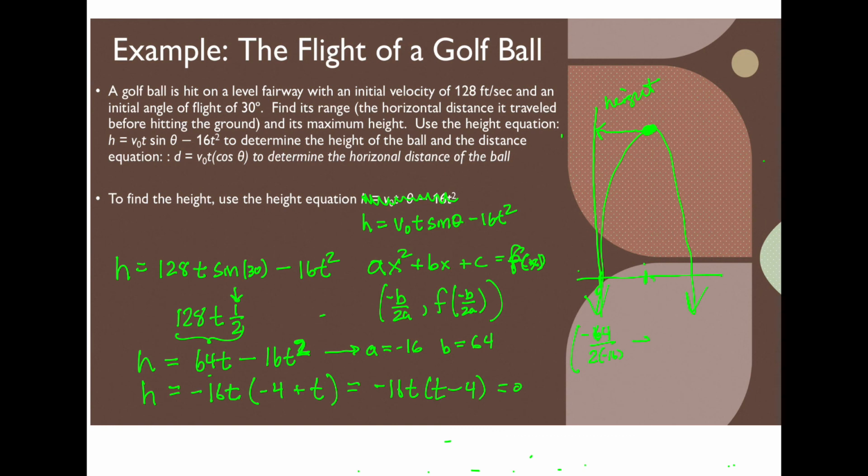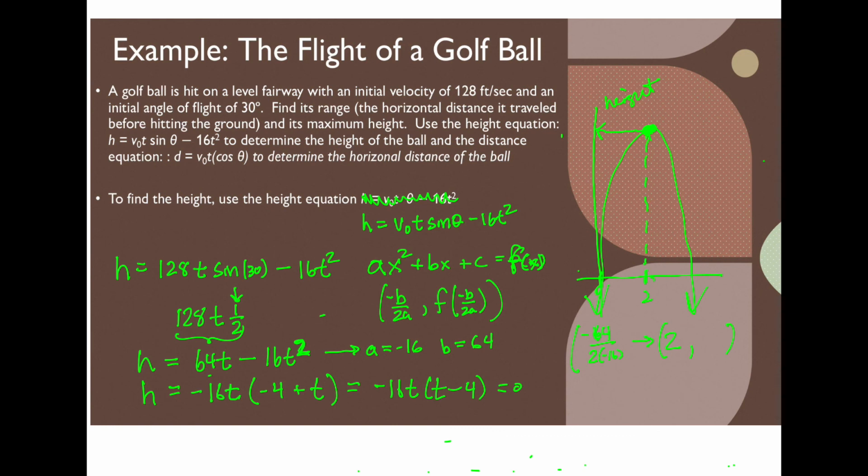So that gives me 2. Negative 64 divided by negative 32 is positive 2, which is my x value, and in fact tells me how many seconds it's going to take for me to get to this maximum height.